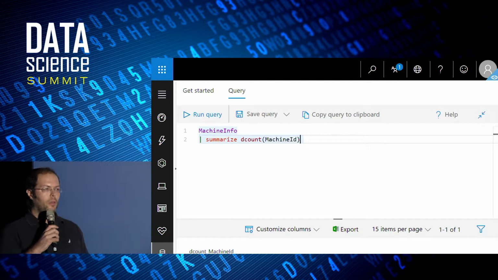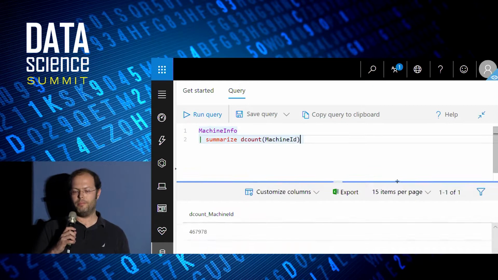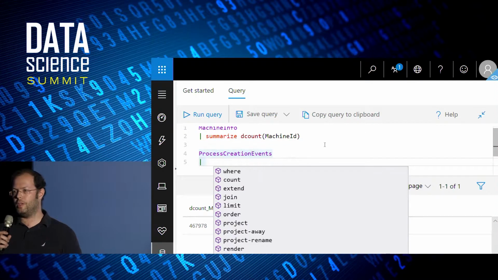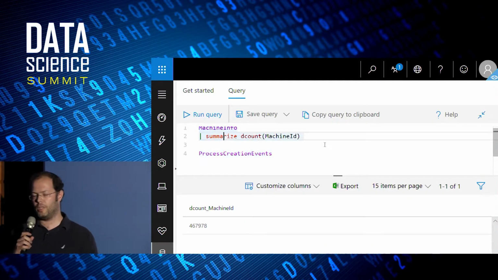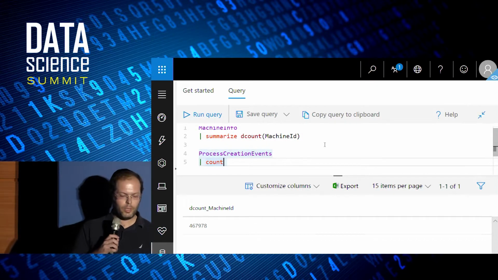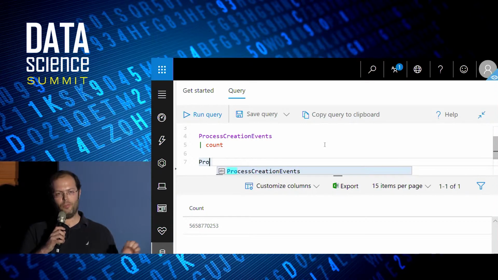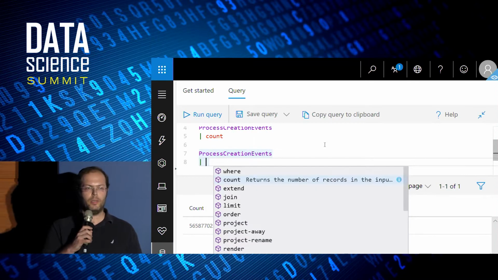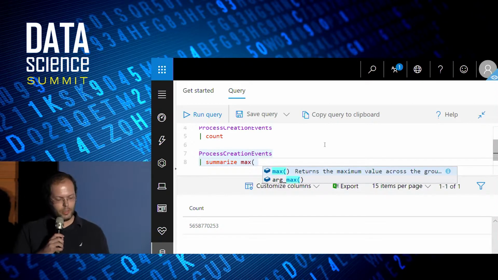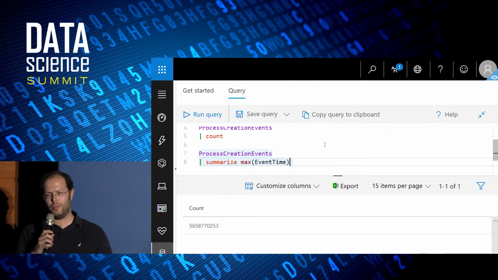And if we want to see how many pieces of information these 400K machines are generating, which we need to store inside Kusto to help our customers run queries on top of, we can take a look at, for example, the process creation events, where every row inside that table is launching an application. We see it's over 5.6 billion events from the last 30 days.